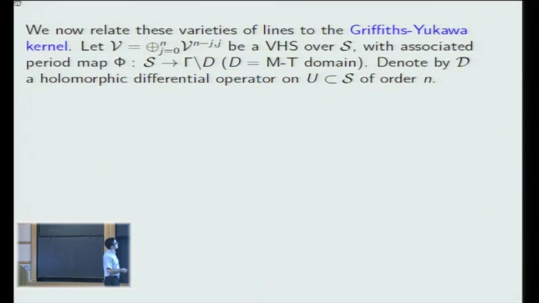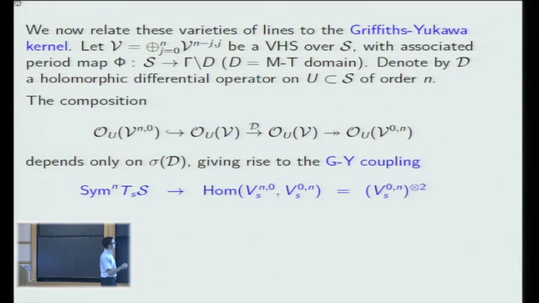So let's relate these to some variation of Hodge structure object. So if I take a variation of Hodge structure of a complex manifold with associated period map phi from S to D mod gamma, where D is some kind of Mumford-Tate domain, and I denote by curly D a holomorphic differential operator on some open subset in S of order n, then this thing is O_S linear.